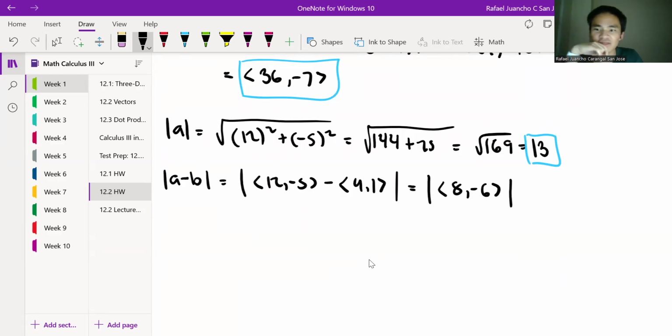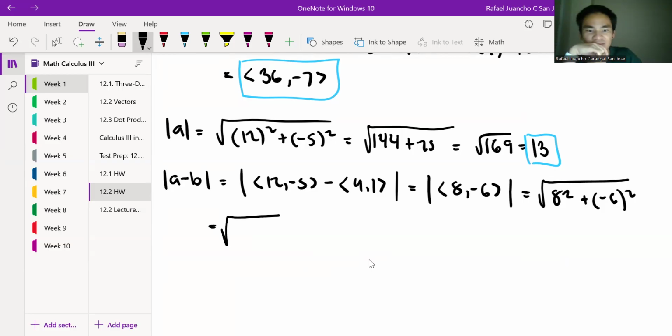And now I have to find the length of that vector. So I use the distance formula again. So I get 8 squared plus -6 squared. And I get 64 plus 36. And I get some value out of that. I square root it. So square root 100. So that's 10.